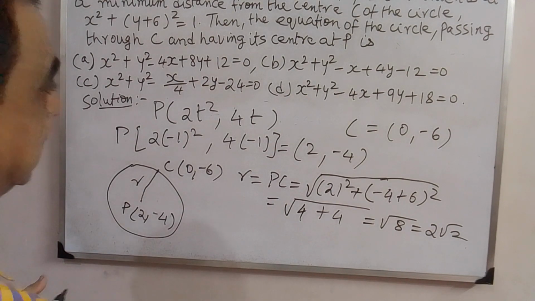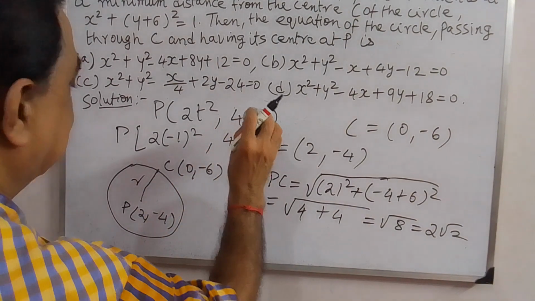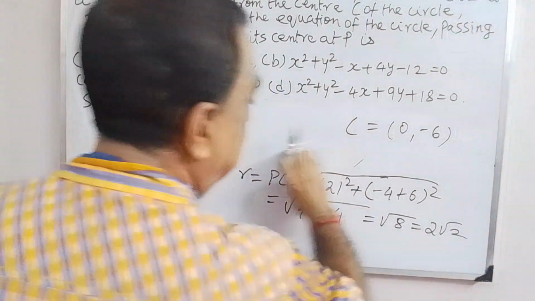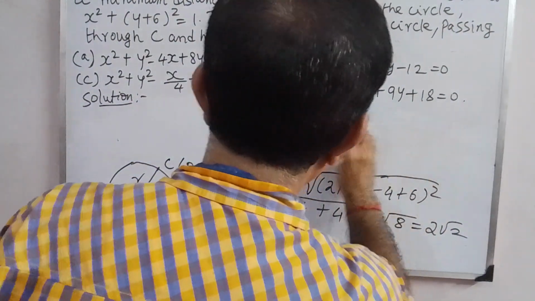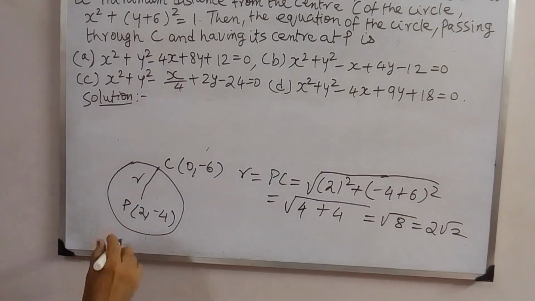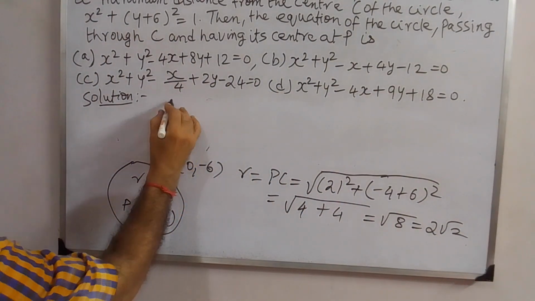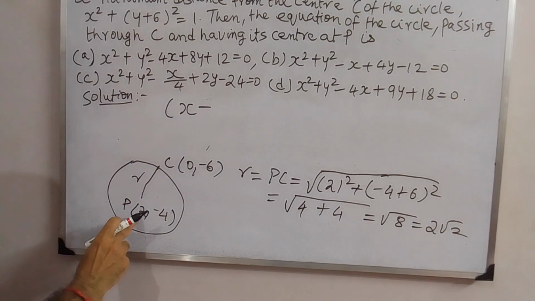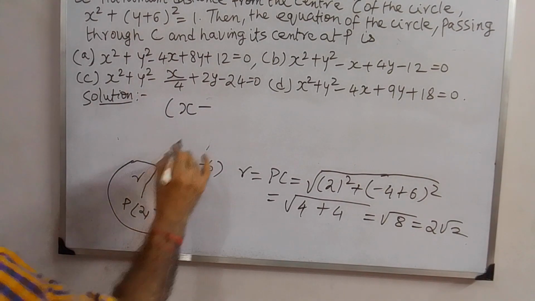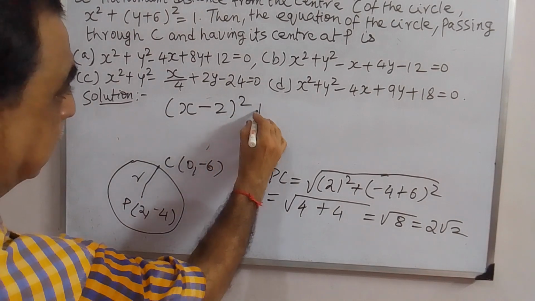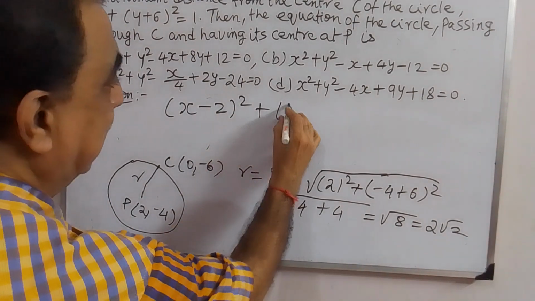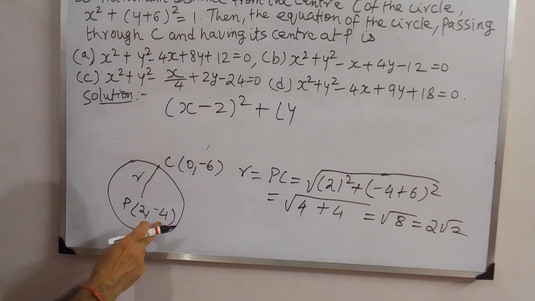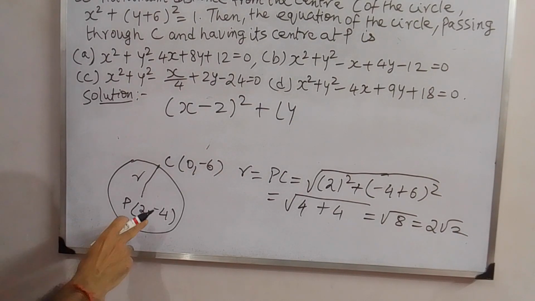So what will then be the equation of the circle? What we know is the equation of the circle will be x minus the x coordinate of the center, 2, whole square, plus y minus the y coordinate of the center point.